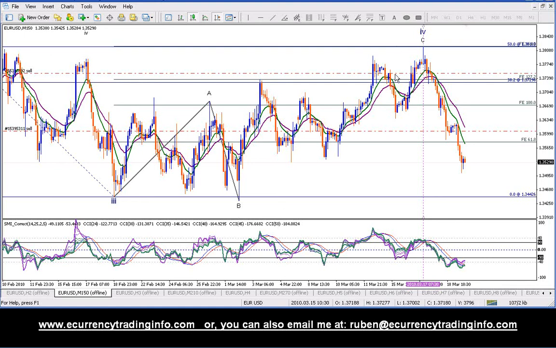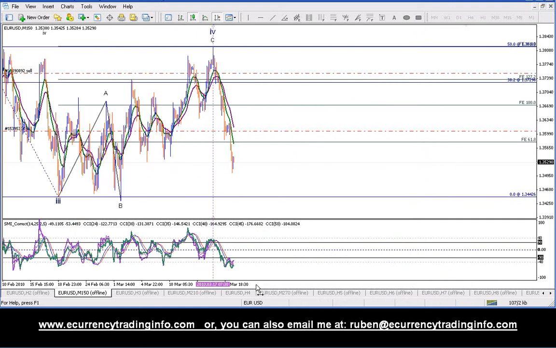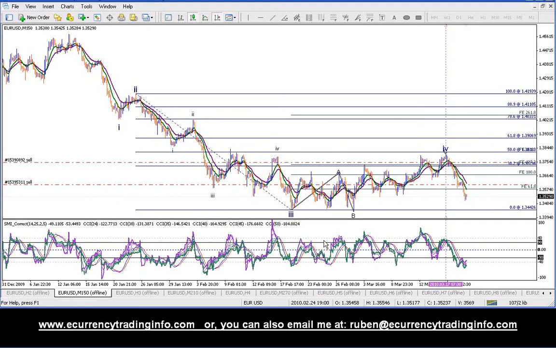However, if this is correct, and I took the Fibonacci retracement and the Fibonacci expansion, this move, wave 4, in relation to wave 3, had retraced 50%. It went down such a distance, and it retraced 50% of that.